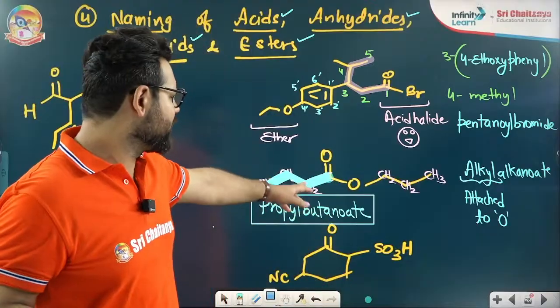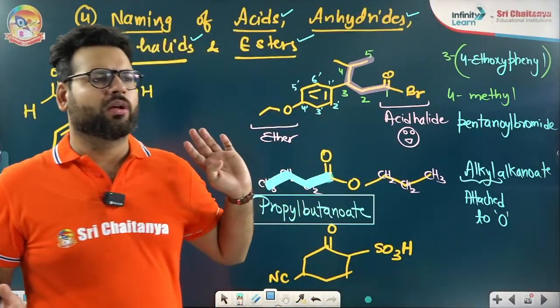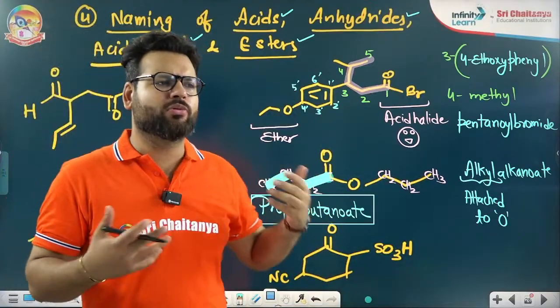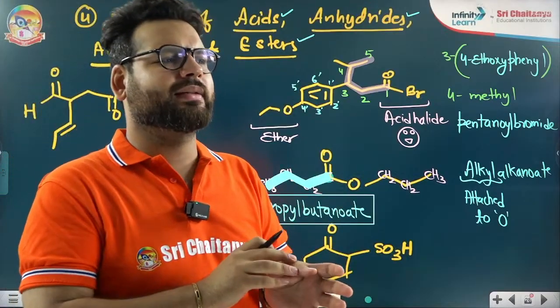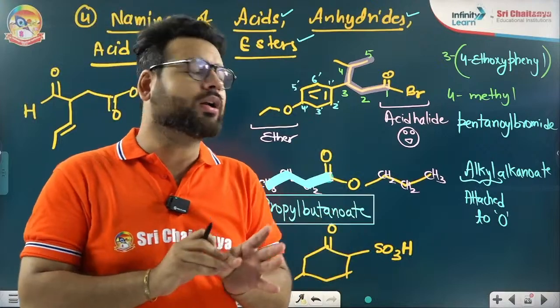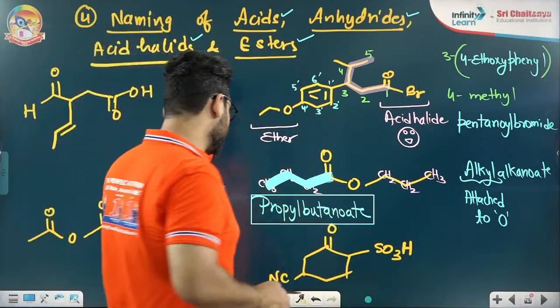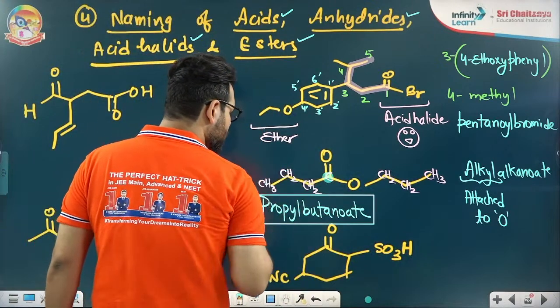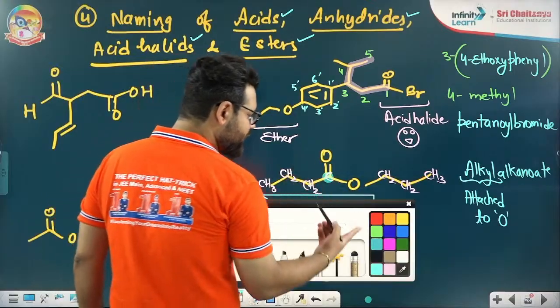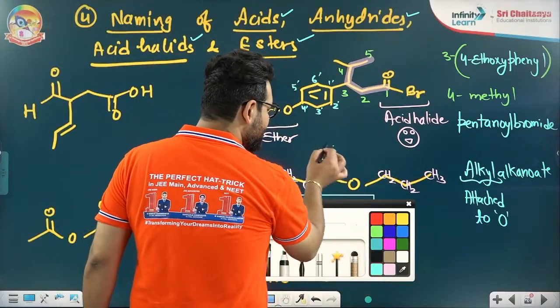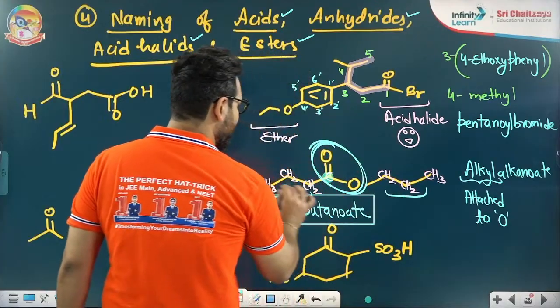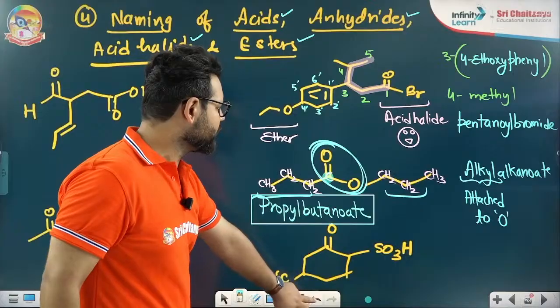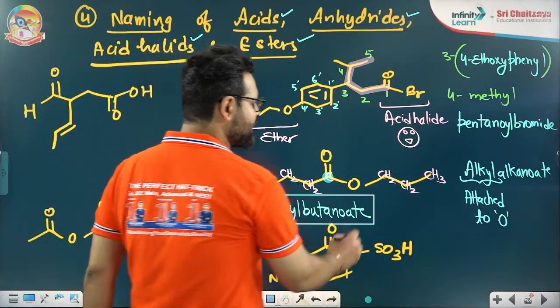Call it as number 1 and name it 1, 2, 3, 4, butanoate. No ethoxy, no propane, no butane. This is not an ether. First of all, do not confuse which functional group is there. Whenever there is a C double bond O, with R on this side and R on this side, this is an ester group. It's not an ether, it's an ester.